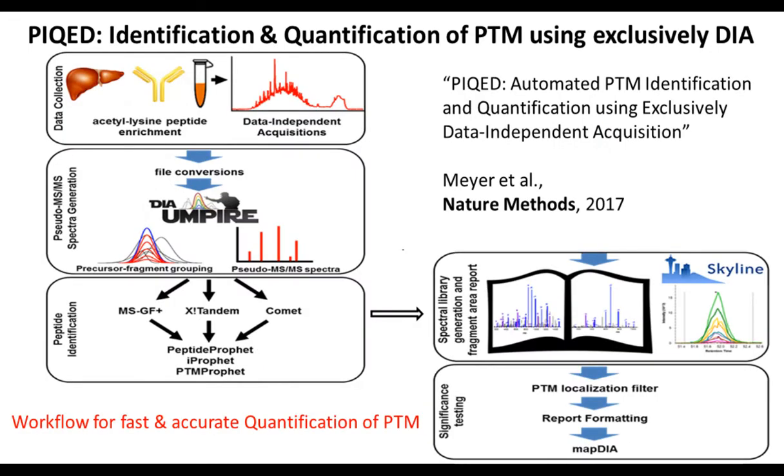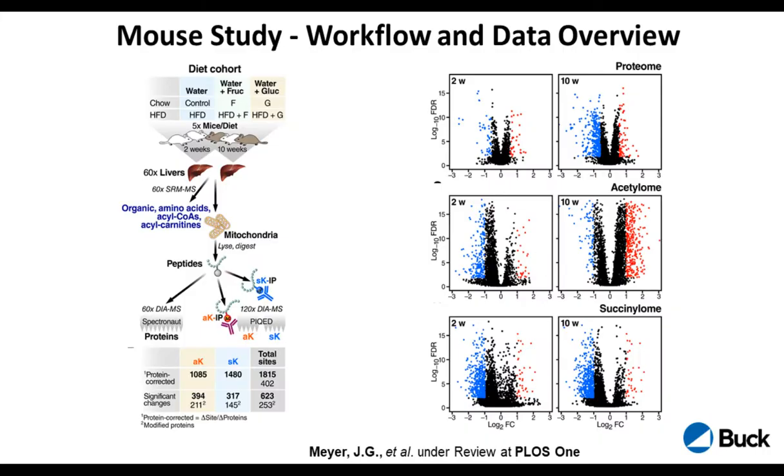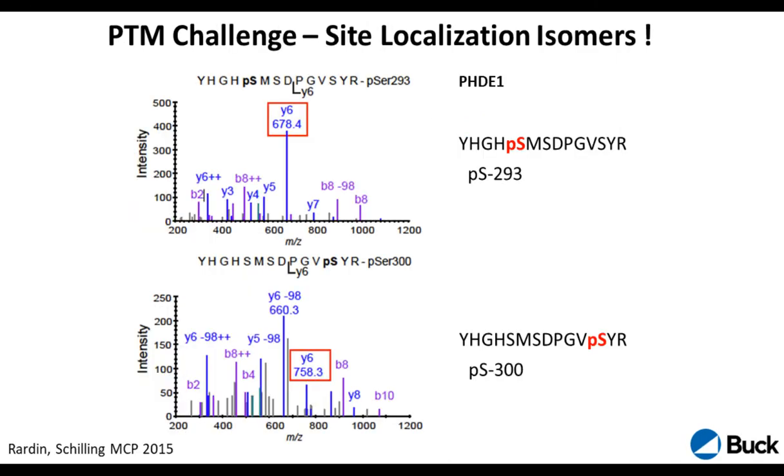On the next slide, this shows a little bit of a display of how this may look. And in the end, we would get an entire portfolio of looking at proteome changes as well as acetylome changes and succinylome changes.